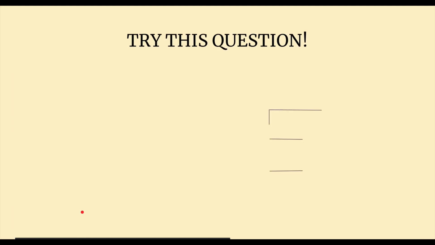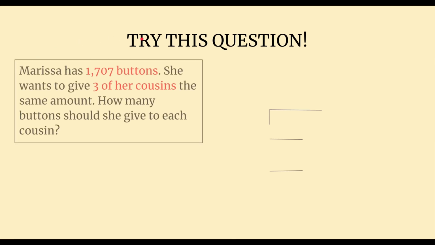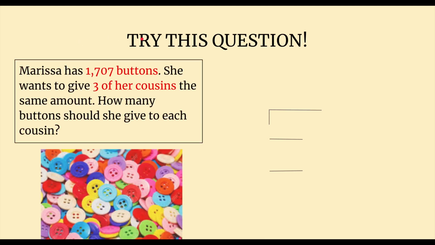So let's do an example problem, just to review long division. Marissa has 1,707 buttons. She wants to give 3 of her cousins the same amount. How many buttons should she give to each cousin? So 1,707 is the dividend, right? Because it's a total that she has.